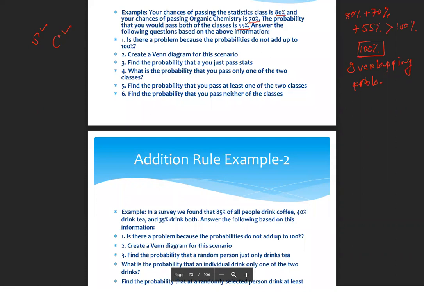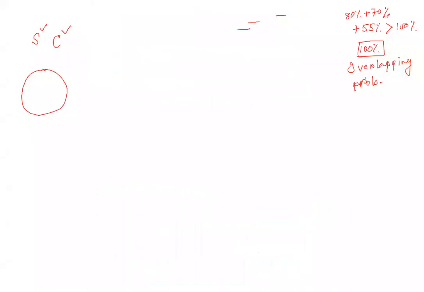So let's say this circle represents the probability that you pass statistics. Let me take the background off so that you can see things clearly. Probability of S is represented by this big left circle.